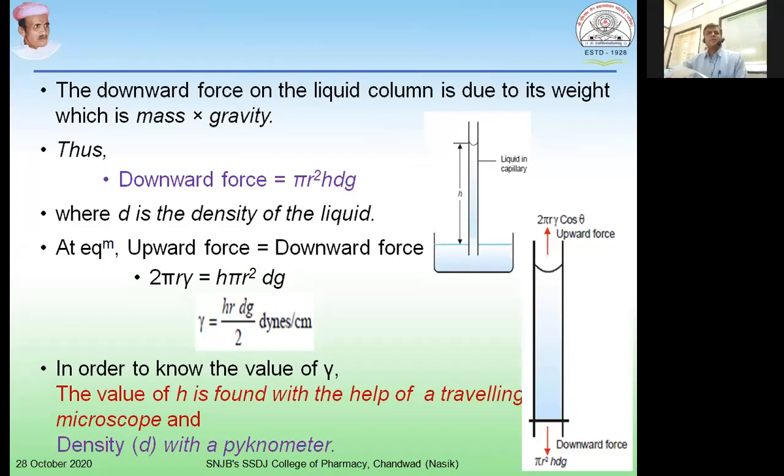So the total downward force comes to pi r square h d g, where d is the density of the liquid.